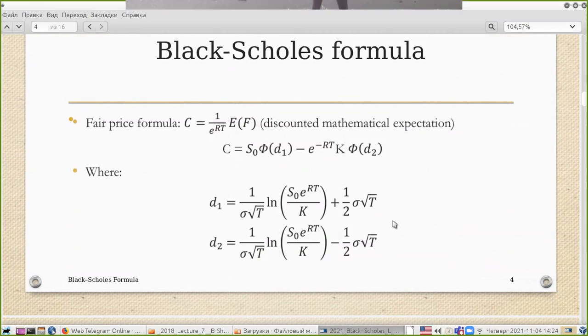So if we know the initial price, if we know the strike price, and if we know the interest rate and volatility, we can compute D1, D2. After that, find the normal distribution from D1, D2, and calculate the fair price of the call option.